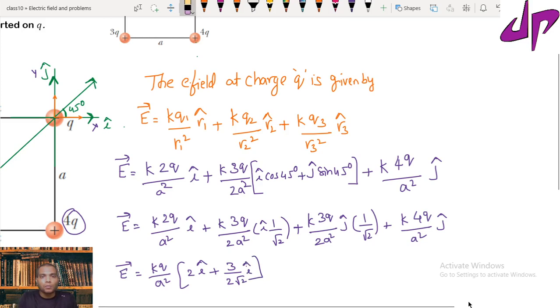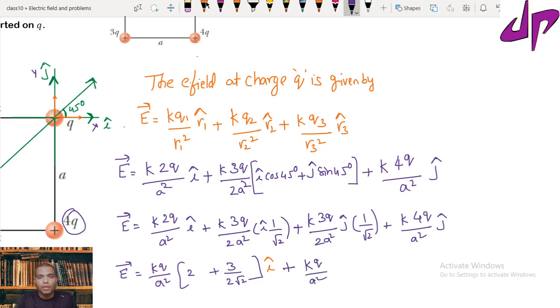I can pull I cap outside and represent it as the I cap unit vector. Similarly I can do the same for the other two terms: k q by a square, and there I get 3 by 2 root 2 plus 4, with common j cap.